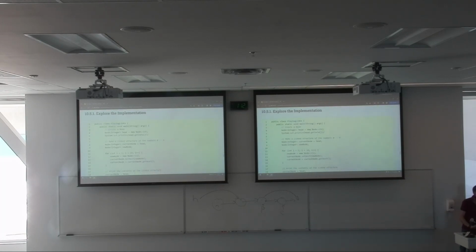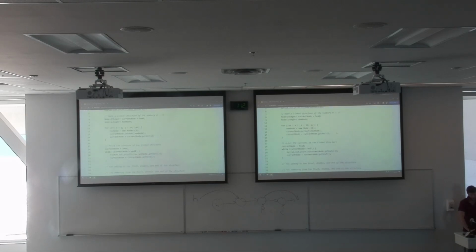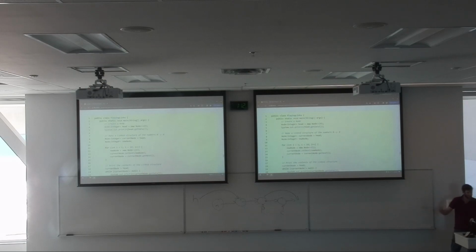So, for example, I'm not going to run this, but here's an example of making a node where the type of the data I want to store is going to be integers. Integers because, as you were saying, we can't use primitive types for generics, they have to be objects, so we say Integer.